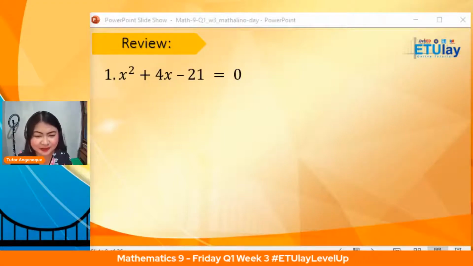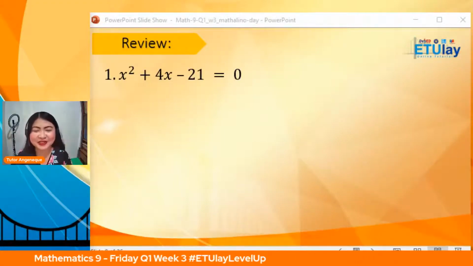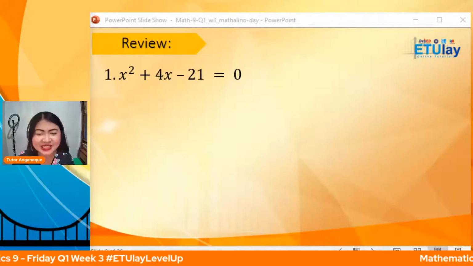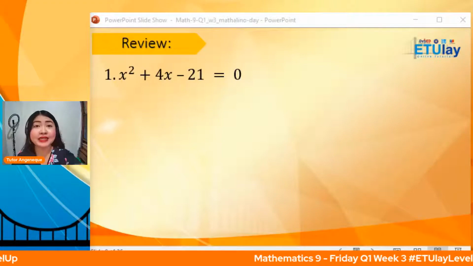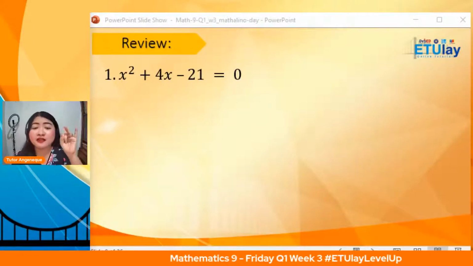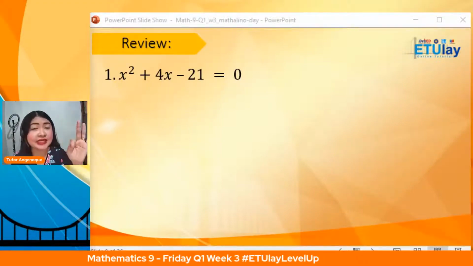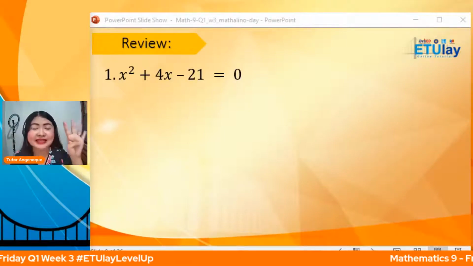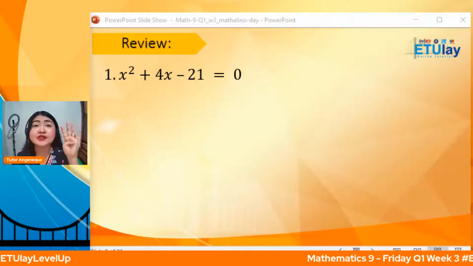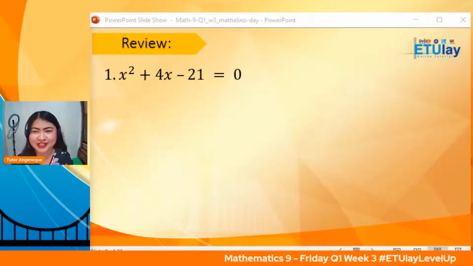So once again, quadratic formula, factoring, extracting the square roots, and, okay, we have completing the square. So those are the 4 ways to solve a quadratic equation.